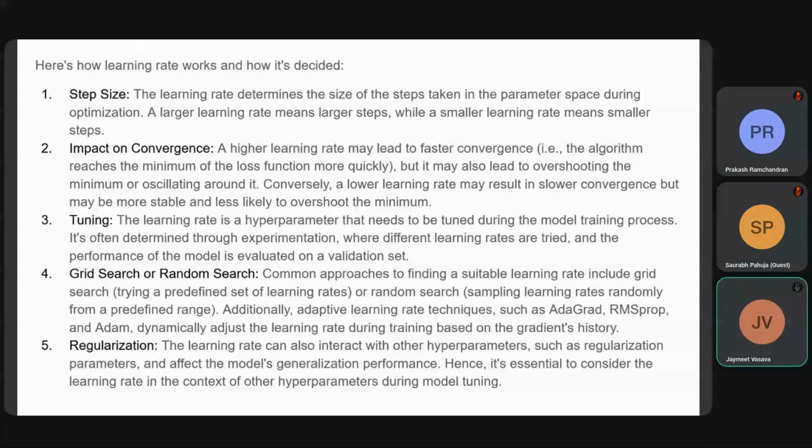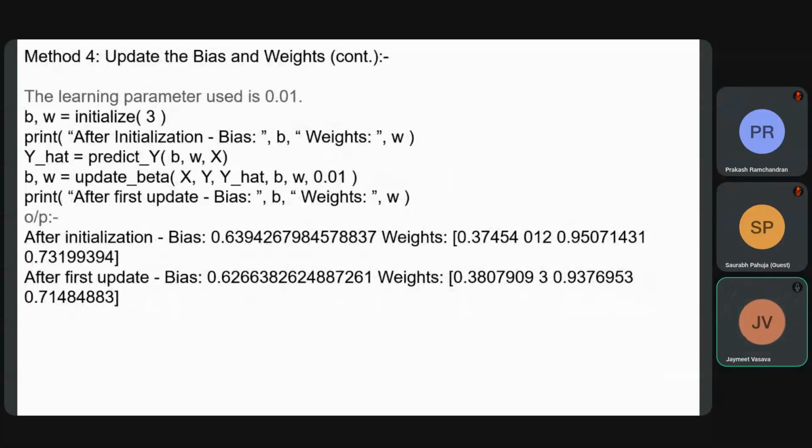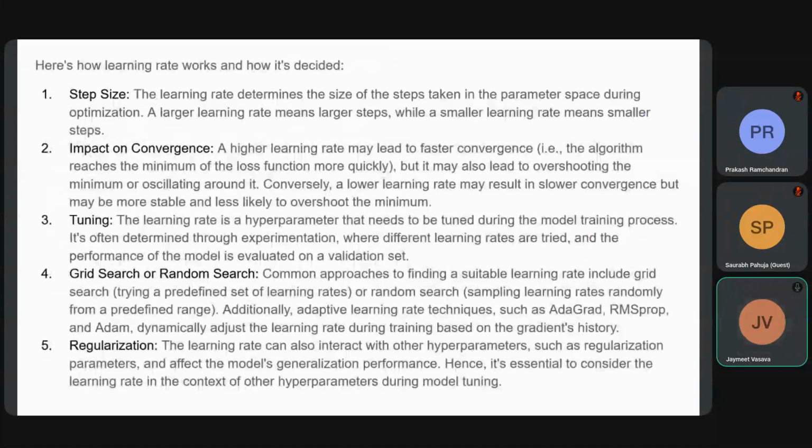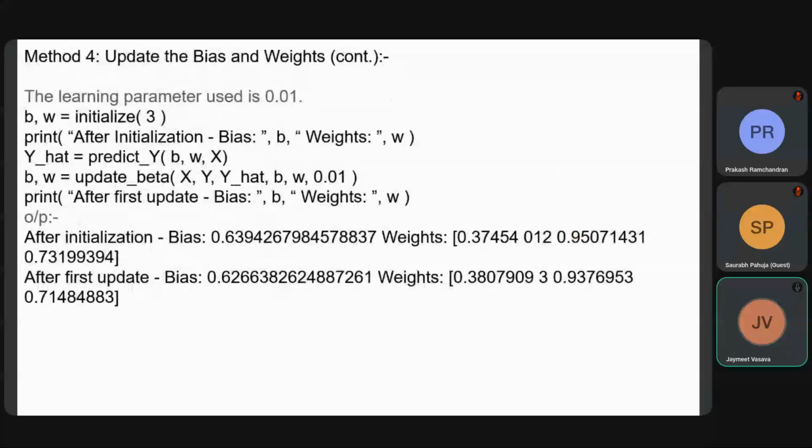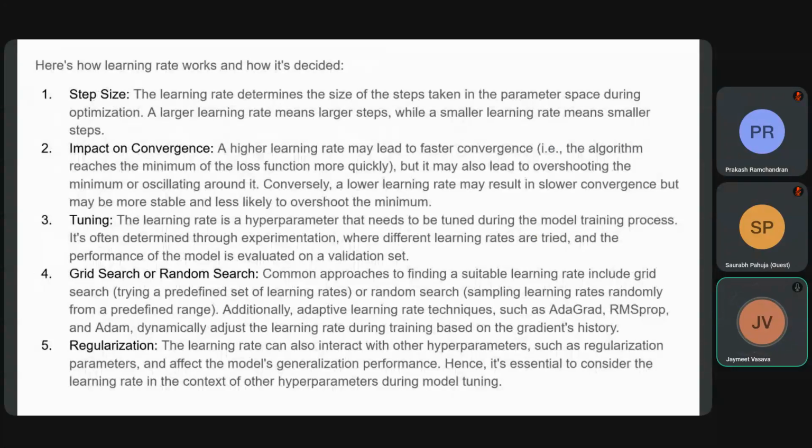Now, the learning rate, as we have now actually used in terms of this formula. The learning rate that we have used is 0.01 over here. So how does it impact the model while learning? First is the step size.